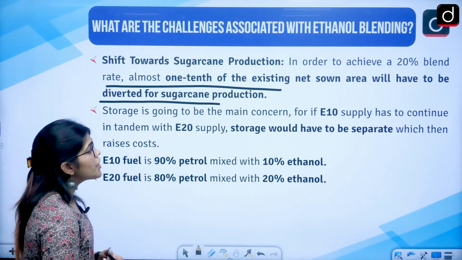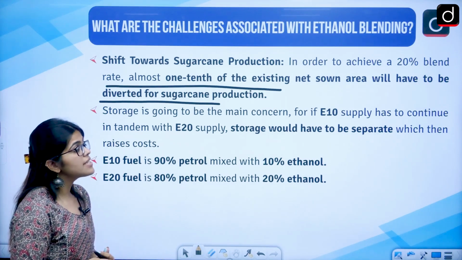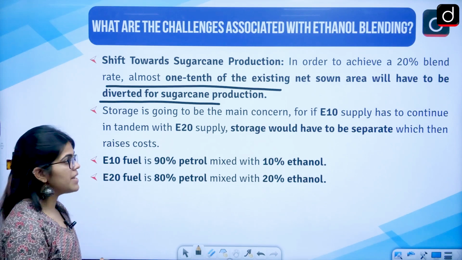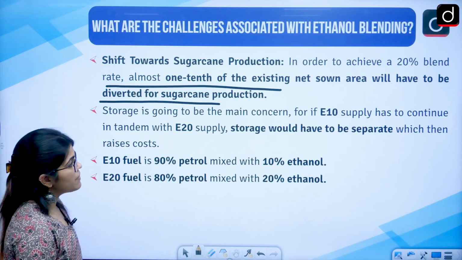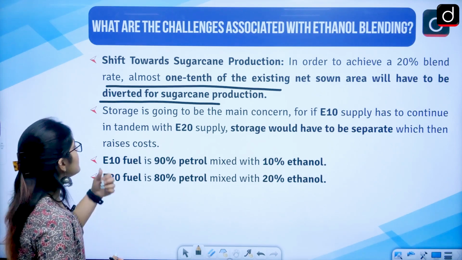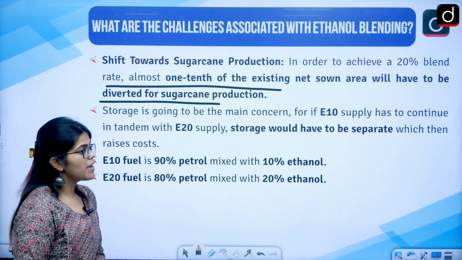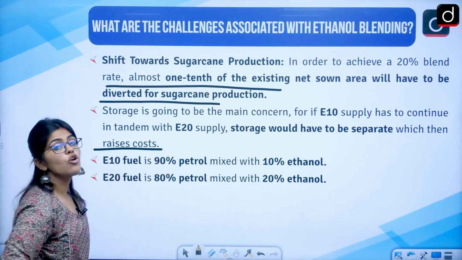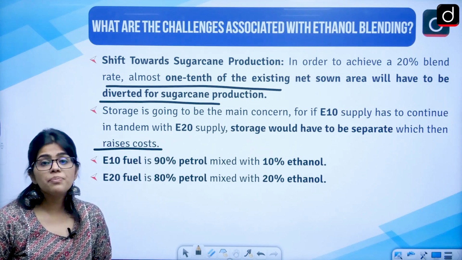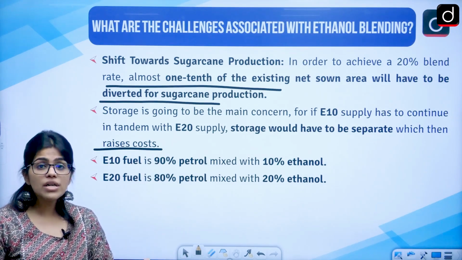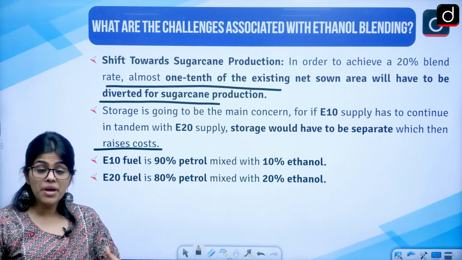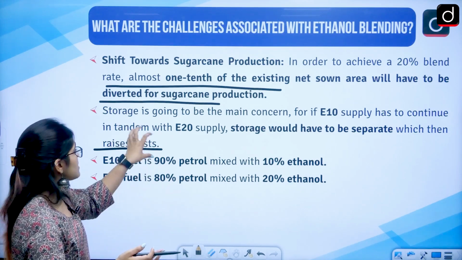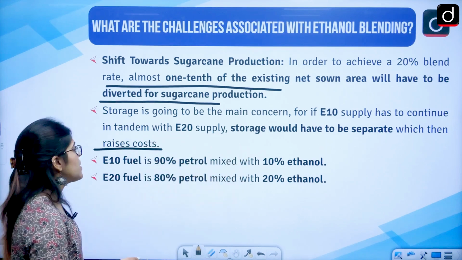Storage is going to be a main concern. E10, that is the 10% blending of ethanol, supply has to continue in tandem with the E20 supply. Storage would have to be separate, which then raises the cost also. So we should be considering more and more cost here, and we should try to make it more cost effective, because storage would also be a problem.